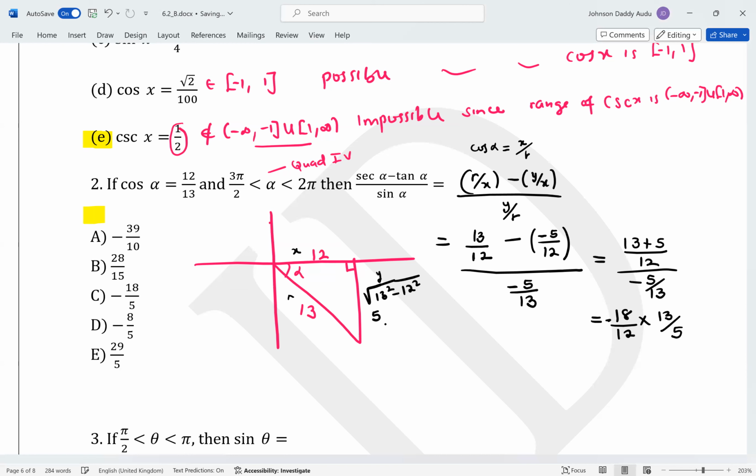So it's going to be a minus here. And now if we want to cancel, we can use 6. You see 6 into 18 will give you 3. 6 into 12 will give us 2. So we're left with just minus 39 over 10.